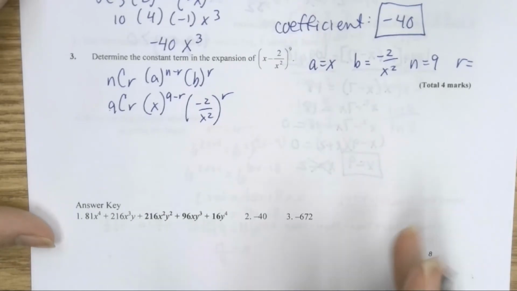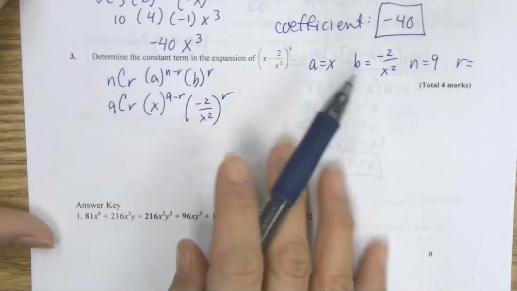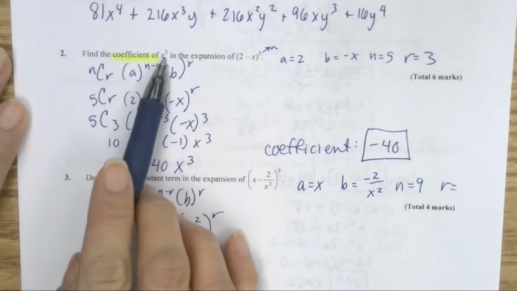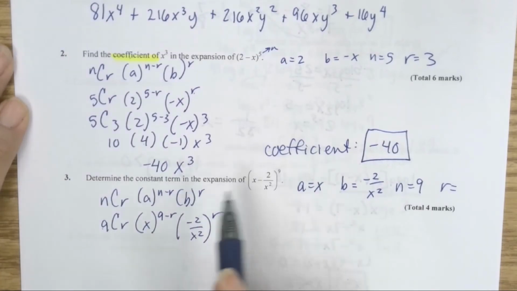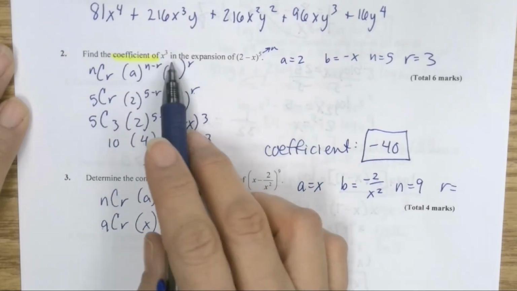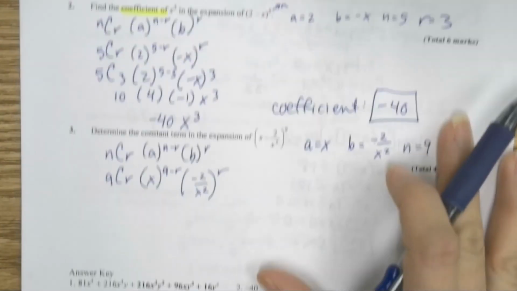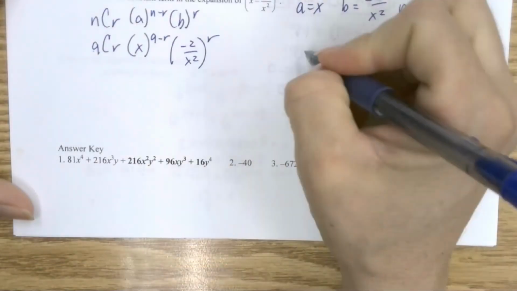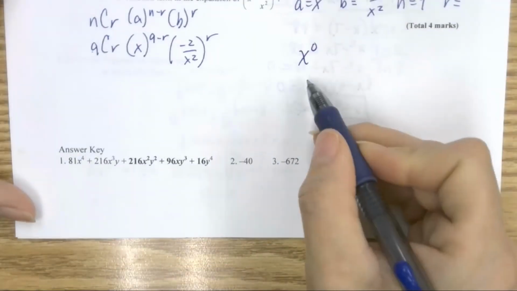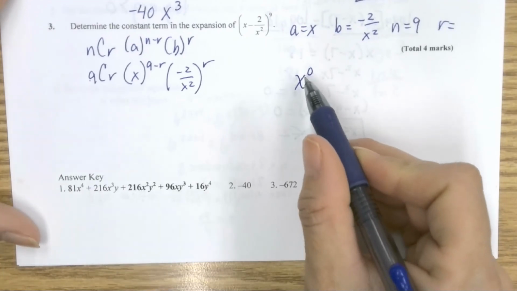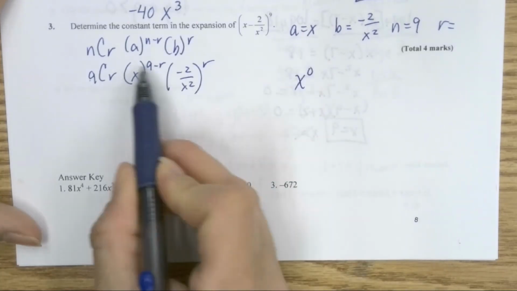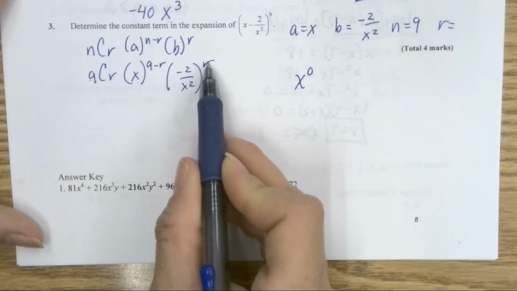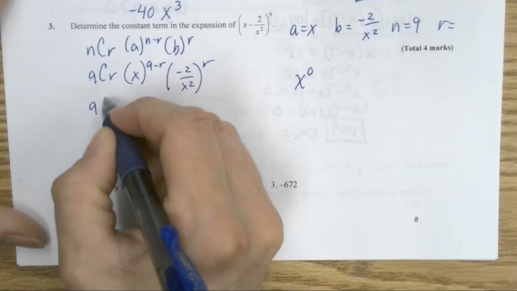All right, so the question says determine the constant term. So in the previous problem, we had been told that my term had an x cubed. Now, if it's a constant term, it means there isn't an x on it. Or you could think of it this way, it's some term that has an x to the 0, because an x to the 0 is equivalent to 1, and the variable wouldn't be there on my term anymore. So I'm going to clean this up a little bit. Specifically, I see that I have a fraction raised to a power.